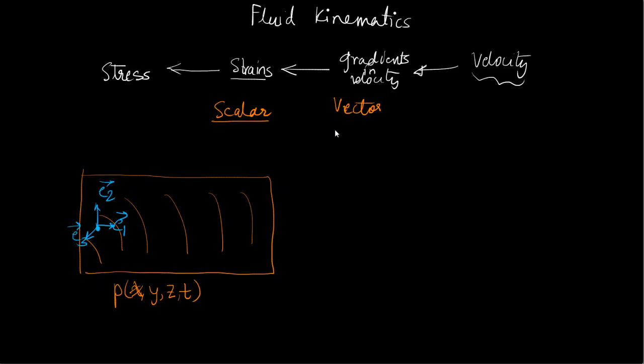And each component of the vector field, for example, we typically represent the velocity vector field as Ui plus Vj plus Wk. Each component of this vector field is also a scalar field. So this is a scalar field, this is a scalar field, and this is a scalar field. But each component represents the projection along the i, j, and k directions.